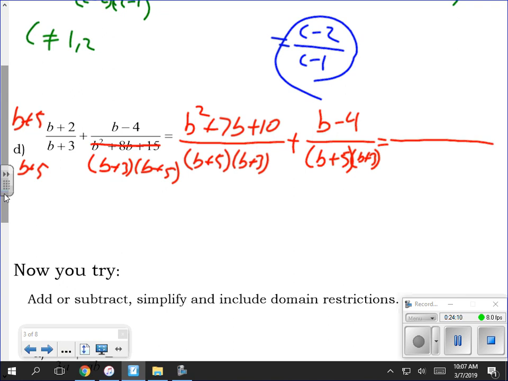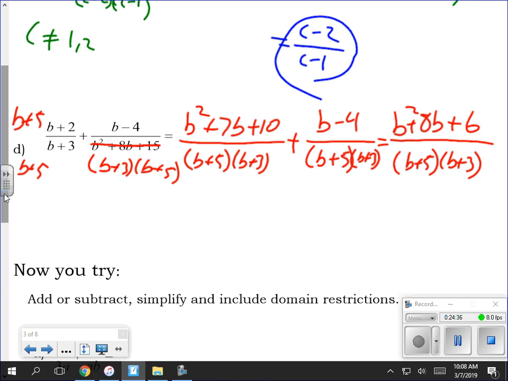My denominator, still the same, b plus 5, b plus 3. My numerator, b squared, 7b plus b gives me 8b, plus 8b. And then 10 minus 4 gives me 6.